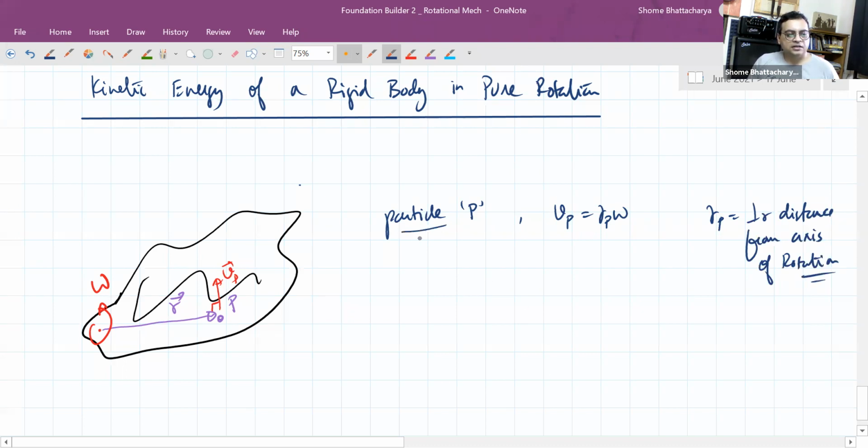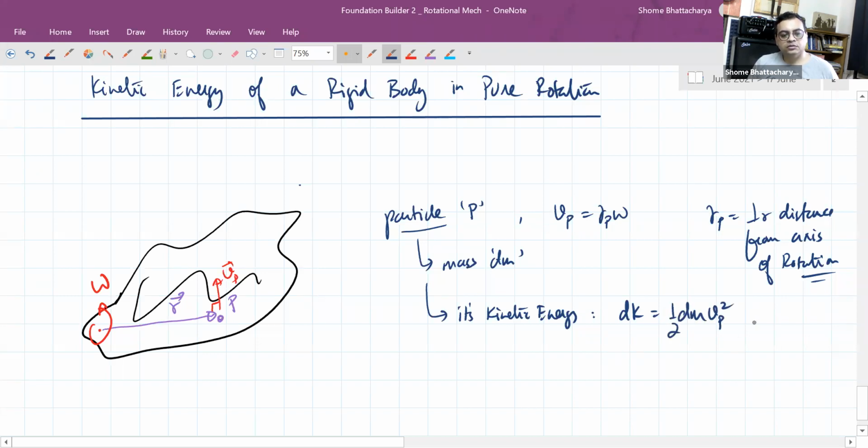So if this particle has a mass dm, then its kinetic energy, now, because it's a particle of differential mass, we'll write the kinetic energy as a differential quantity, will be half dm into Vp square or half dm into r square omega square.